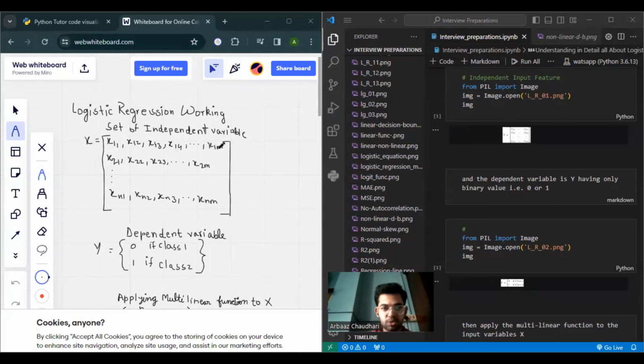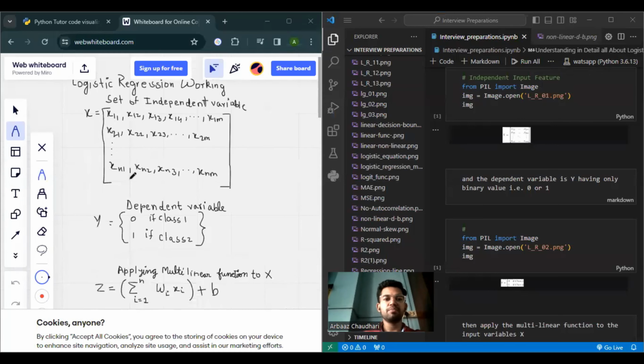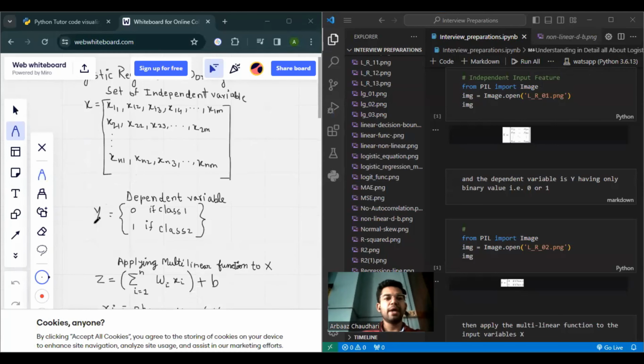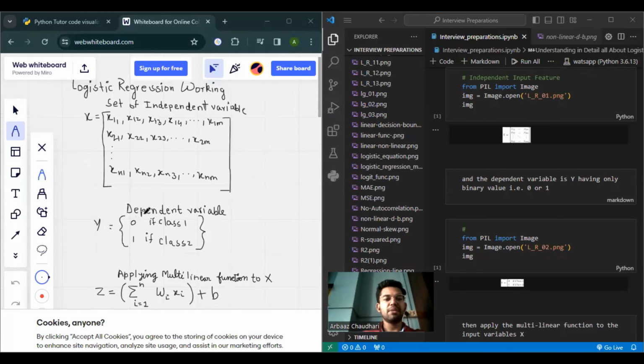Suppose there are m rows, and features x1, x2 till xn; these all are the set of independent variables. Here y is the dependent variable. Suppose this was of class 0, this was of class 1, meaning these labels were given.